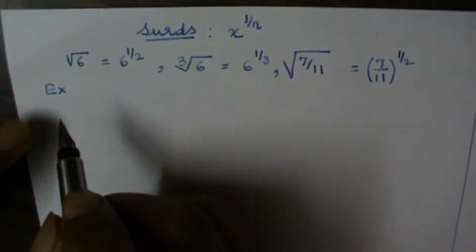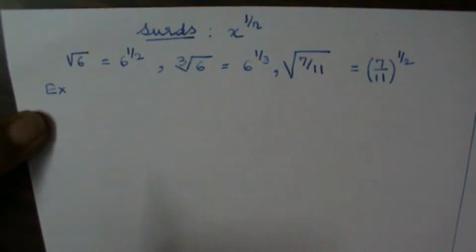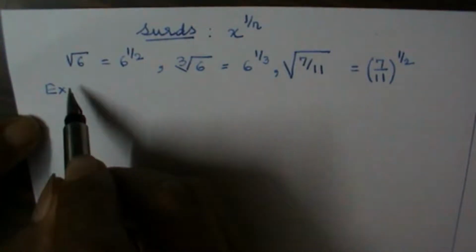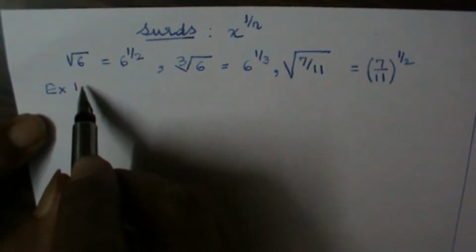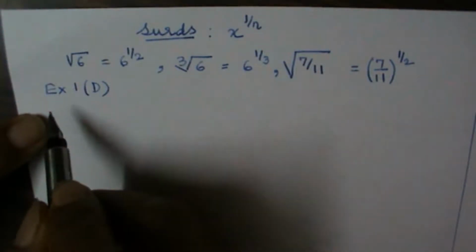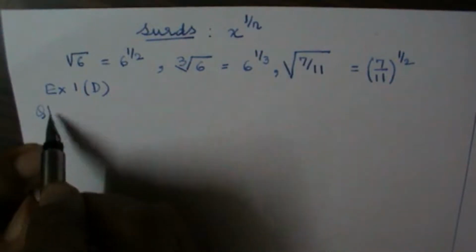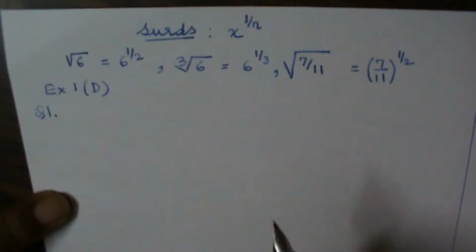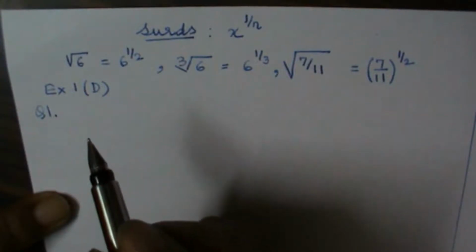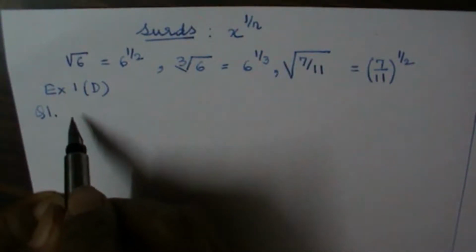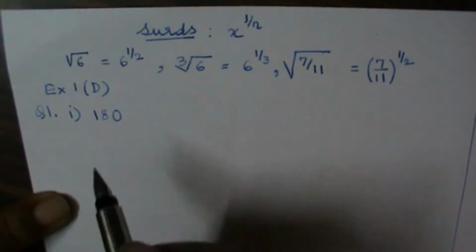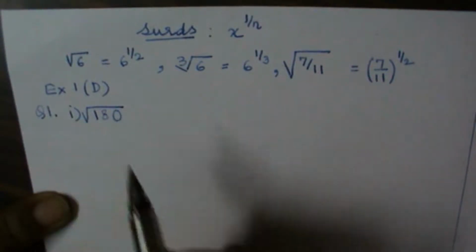And again, I am consulting Concise Maths by Selina Publications. Exercise 1D, and I'm coming to question number 1, where I have to state with reason whether the following are surds or not. And the first one under that is root of 180.